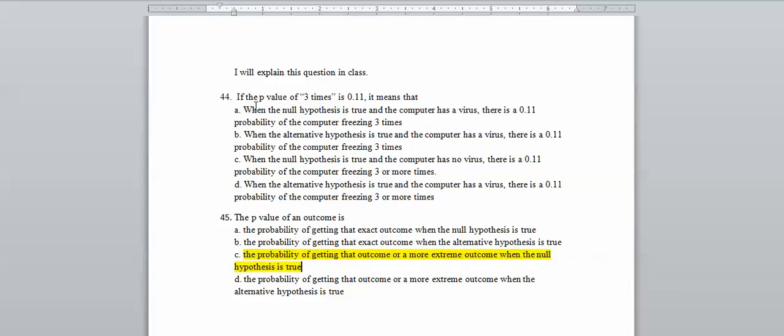So if we have this outcome, which is my computer freezing 3 times, and that outcome has a p-value of 0.11, that means that's the probability of the computer freezing not just 3 times, but 3 or more times in the situation of the null being true, because that's the p-value definition. So it has to be choice C.